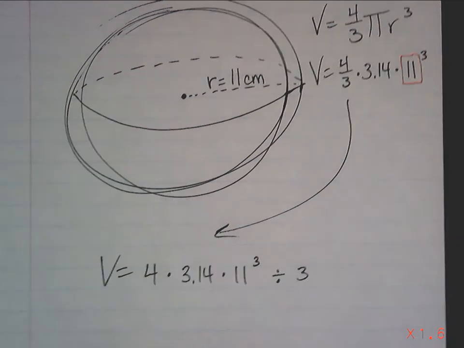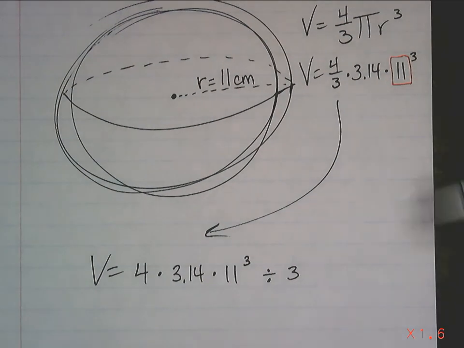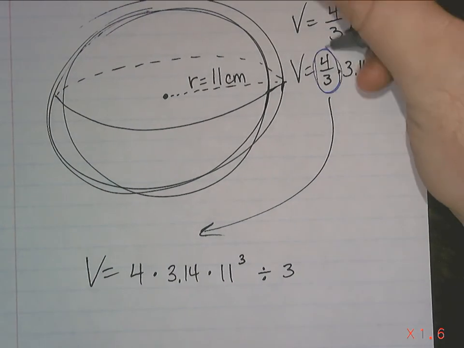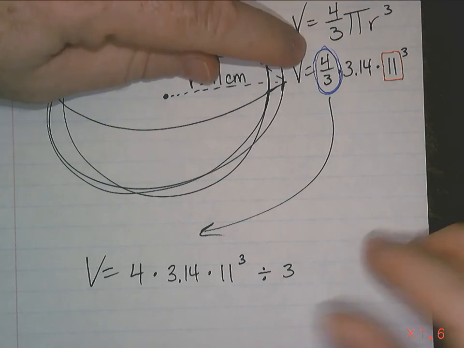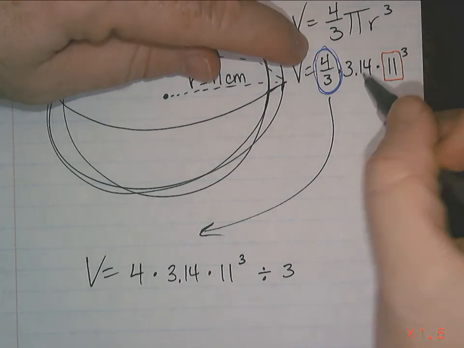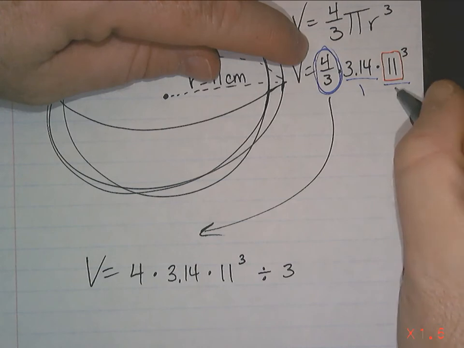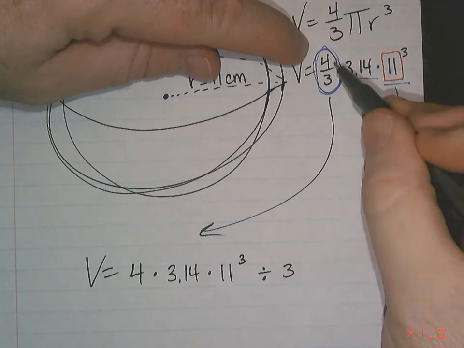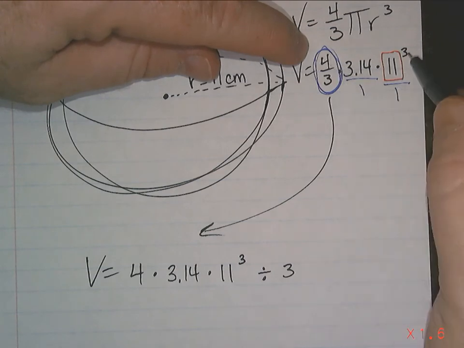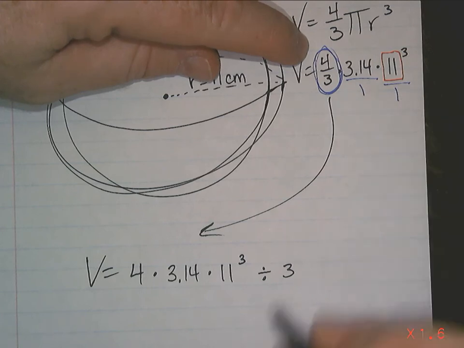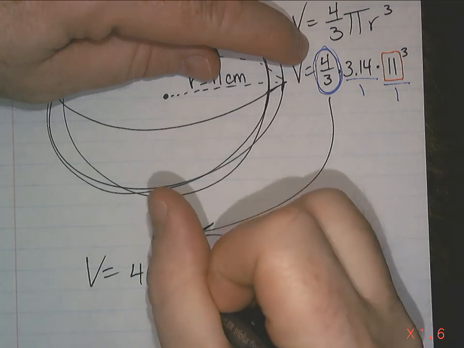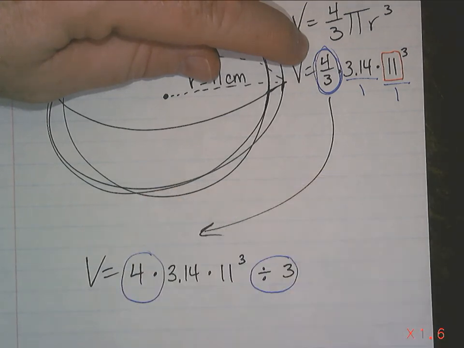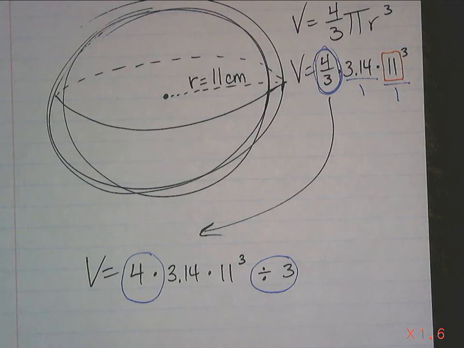I don't know if you noticed what I did there, but basically I took 4/3, and because everything's going to be over 1, as a whole number, it's going to be 4 times pi times 11 cubed divided by 3. So the dividing by 3 occurs at the end, and the 4 times all of that goes up front. I kind of split it up that way, so you can do it on the calculator and you won't have to skip a beat.